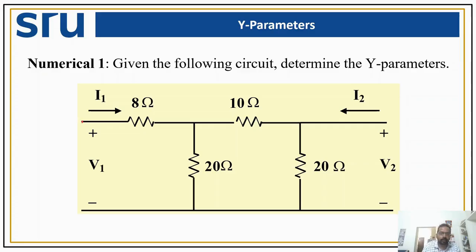So this is my V1 and this will be my V2. There is no voltage drop here. The voltage at this particular node is equal to the voltage at this particular node, so V2. So let us assume we have another node called V3. Now let us write the nodal equation by applying it. First at node 3.